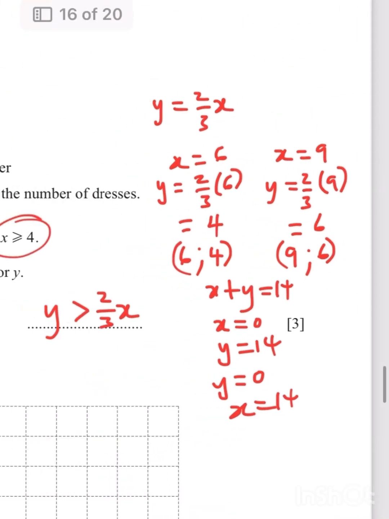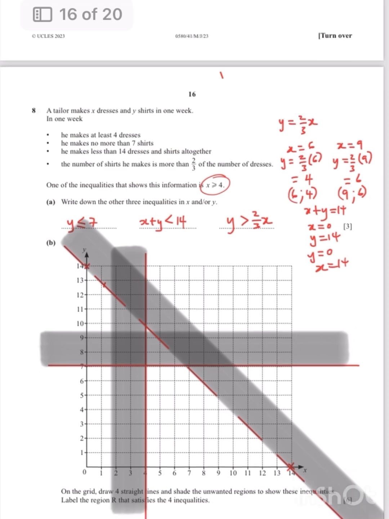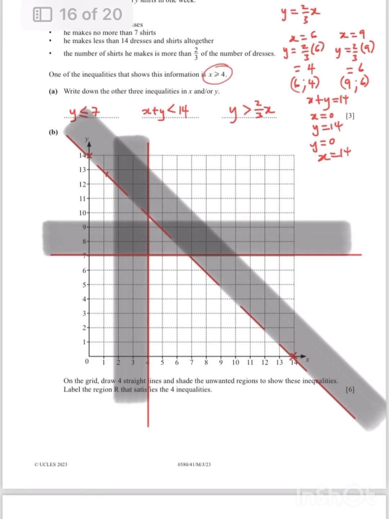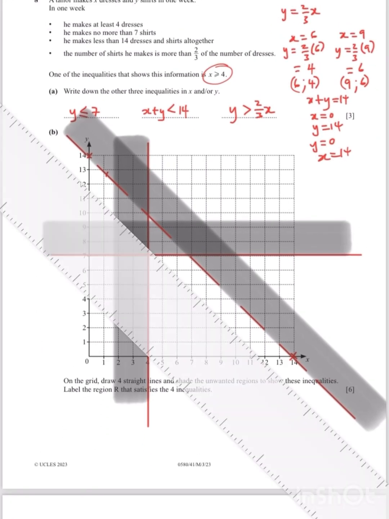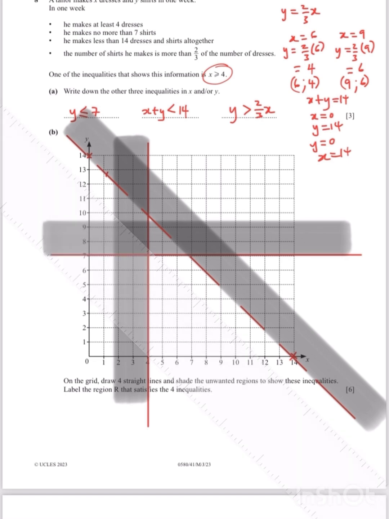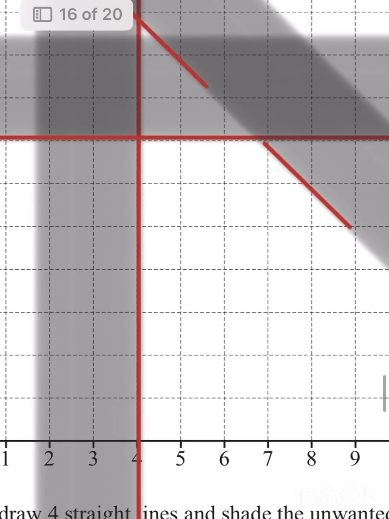So I now have 2 coordinates, so I can plot a straight line on the inequality graph. So there is a straight line. I can actually tick the coordinates first to say that 6 and 4, 6 in the x-axis and 4 in the y-axis. So 6 in the x-axis and 4 in the y-axis is going to be here.